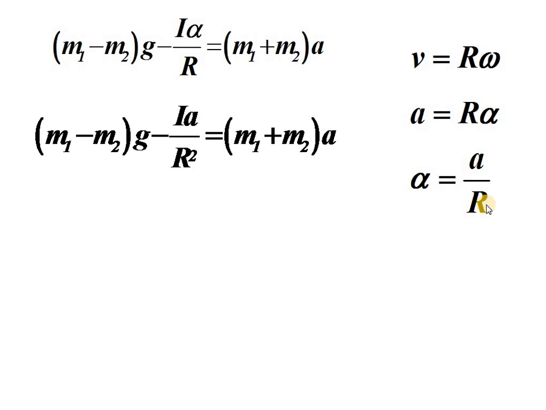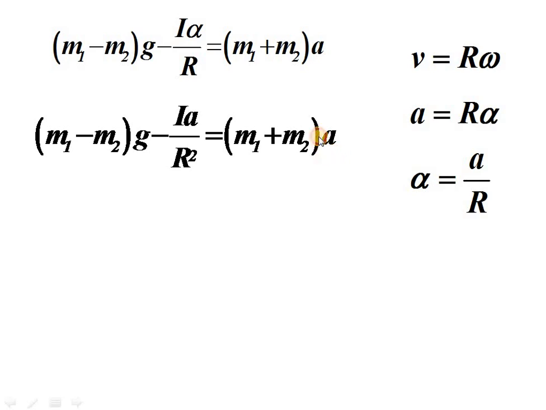You studied in your school classes that V is equal to R omega and A is equal to R into angular acceleration. So we replace alpha with A by R. The second term becomes I A by R square, equal to (M1 plus M2) A.